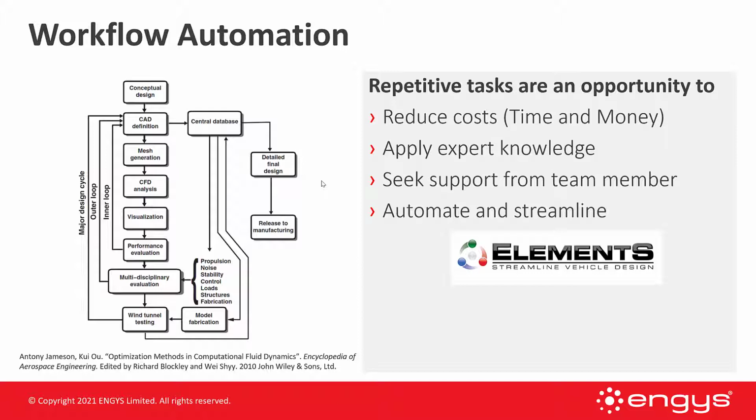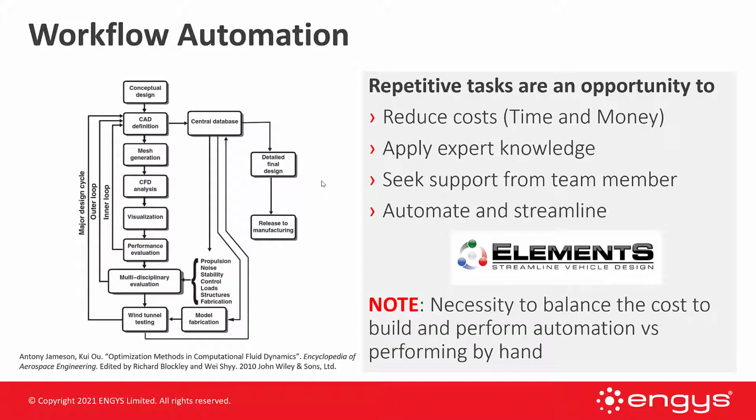And a lot of automation is already performed within the graphical user interface of Elements. Now remember, there is a necessity to balance the cost to build this automation platform and perform the automation versus performing by hand. So if you're automating a very small task, it doesn't make sense if it is extremely low cost.